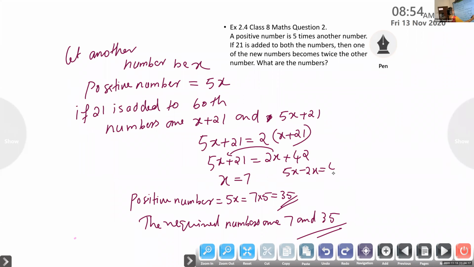In the previous question we didn't do like that, right? I will show. 5x minus 2x equal to 42 minus 21. That is 3x equal to 21. x equal to 7.